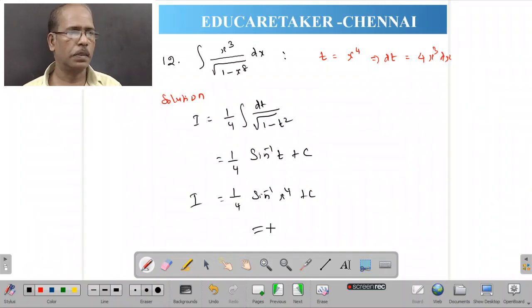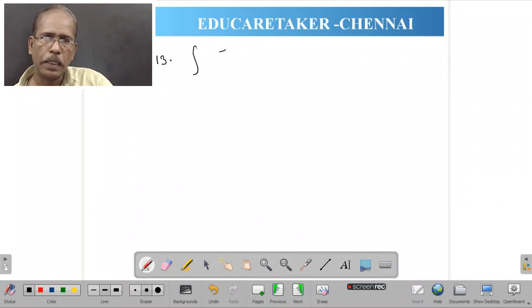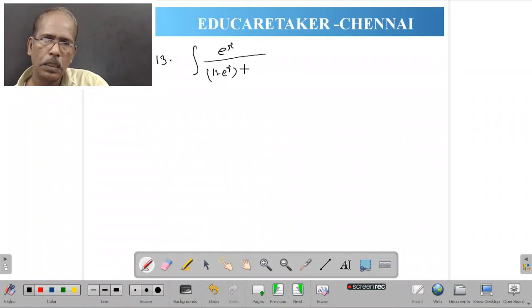Then we'll go to question number 13. In question number 13, the integral of the numerator e power x, the denominator 1 plus e power x into 2 plus e power x dx.